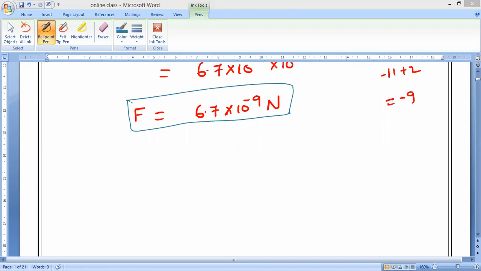Let me see who will learn. The second question: the gravitational force acting between point objects.